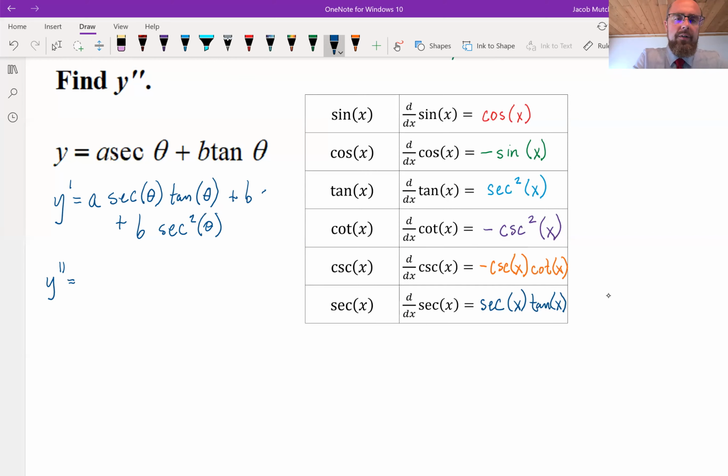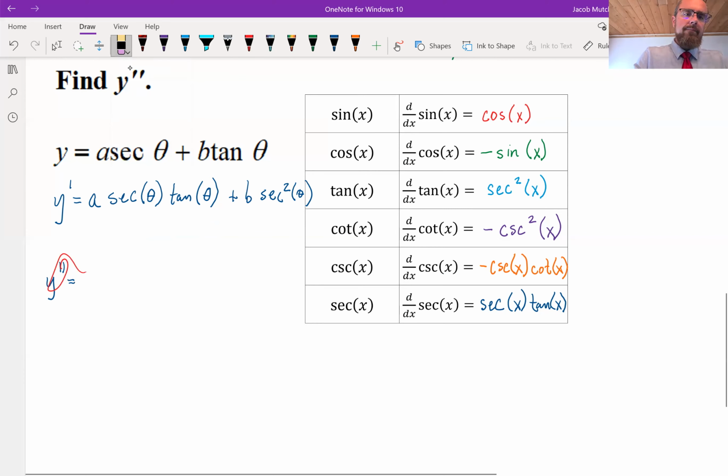I'm going to call this b times secant squared of theta, and I do that because I need to write underneath both of these, because to find my second derivative, I have to apply my product rule in two spots. I'm going to get rid of that y double prime for now, just to make sure we have enough room.